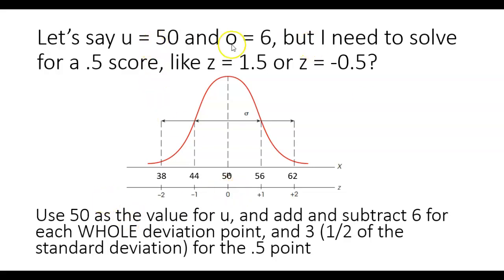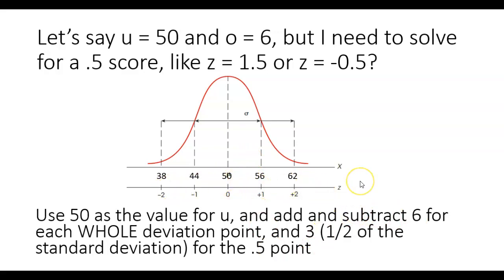So if your mean is 50 and your standard deviation is 6, use 50 as the value for the mean and add and subtract 6 for every whole deviation point, but only 3 for every half point. So what exactly do I mean by that?